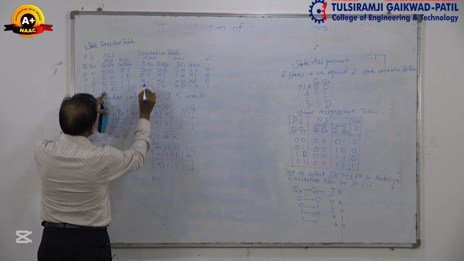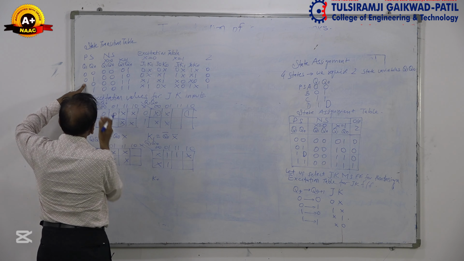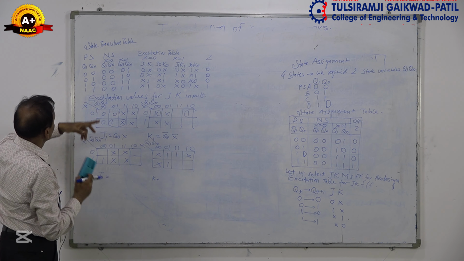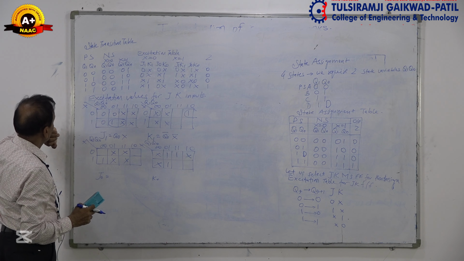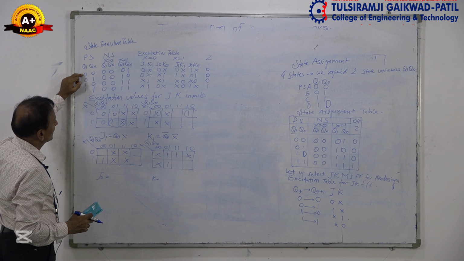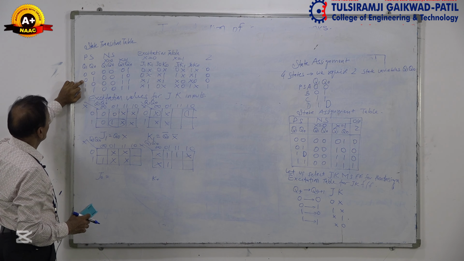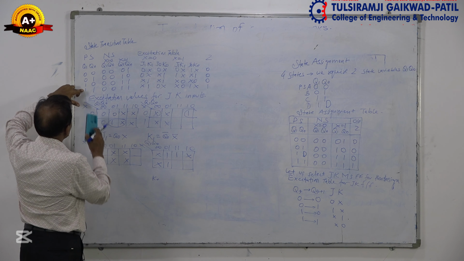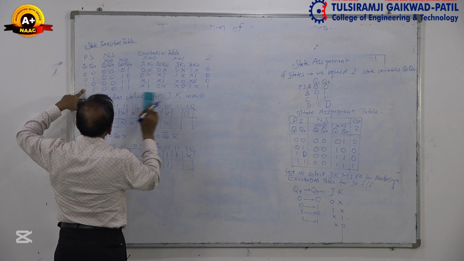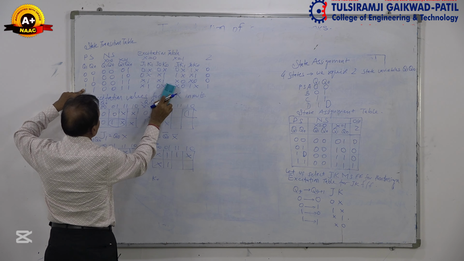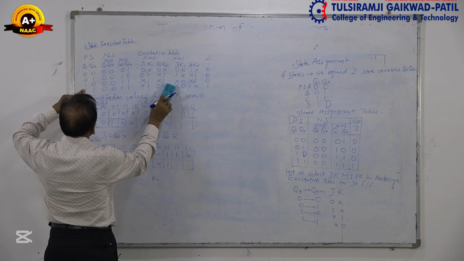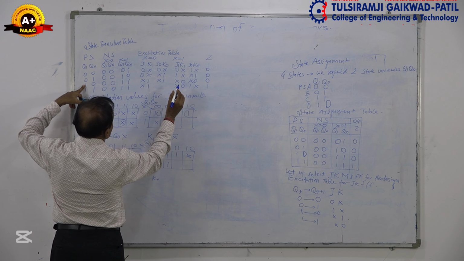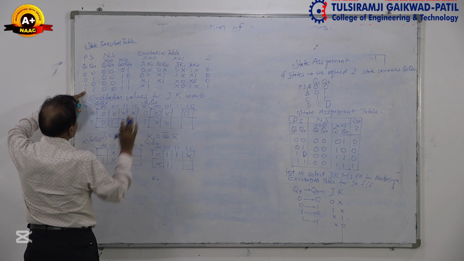For x equal to 1, 1 to 1 is don't care, 0, and 1 to 1 is don't care, 0. Now for x equal to 1, 0 to 0 is 0, don't care, 0 to 1 is 1, don't care, and 1 to 1 is don't care, 0, and again 1 to 1 is don't care, 0. Correct, okay.